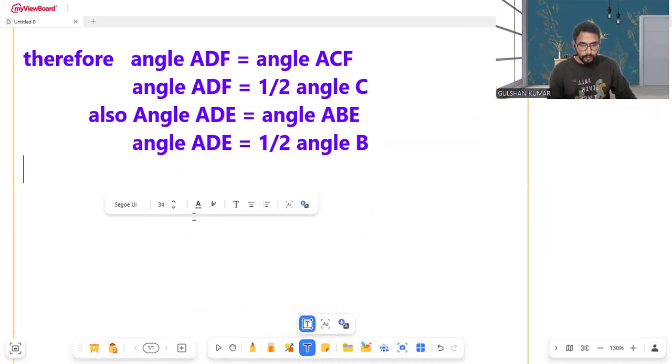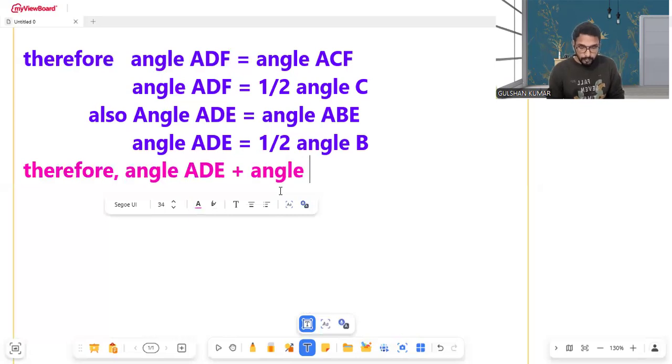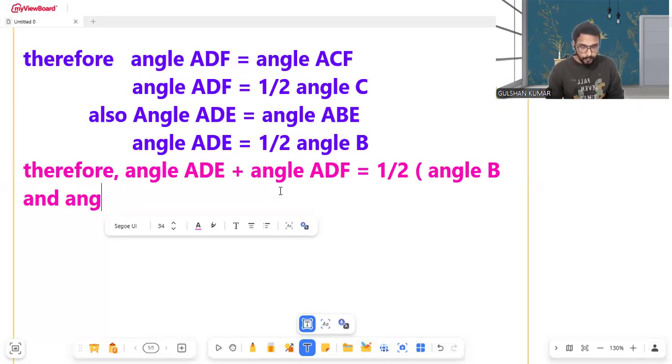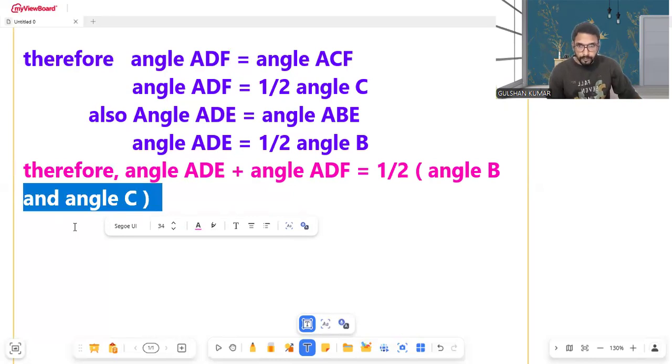now adding both of them. So we have therefore, sorry, writing mistake. Therefore, angle ADE plus angle ADF equals half of angle B and angle C. Is that clear here?